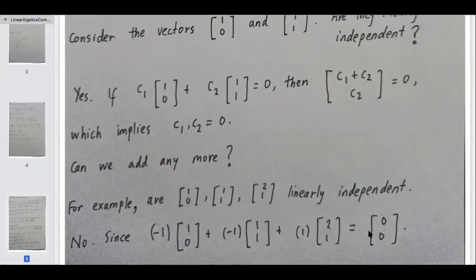So that shows that these three are linearly dependent. So they're not linearly independent. In general, it is true that in R2 you cannot have more than two linearly independent vectors, and we'll state this as a theorem in the next slide.